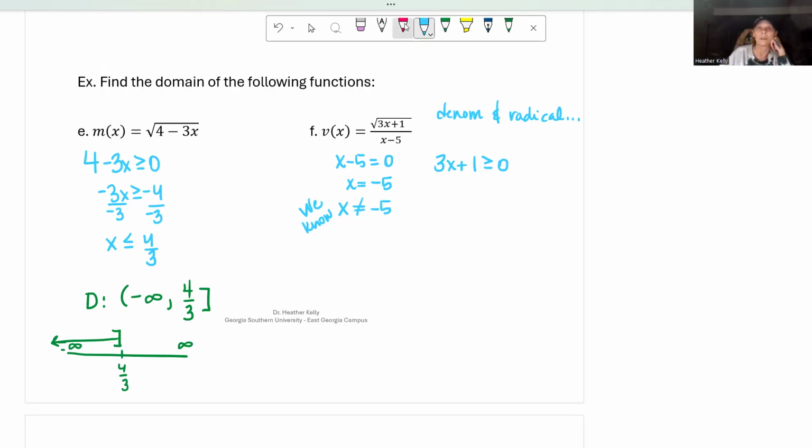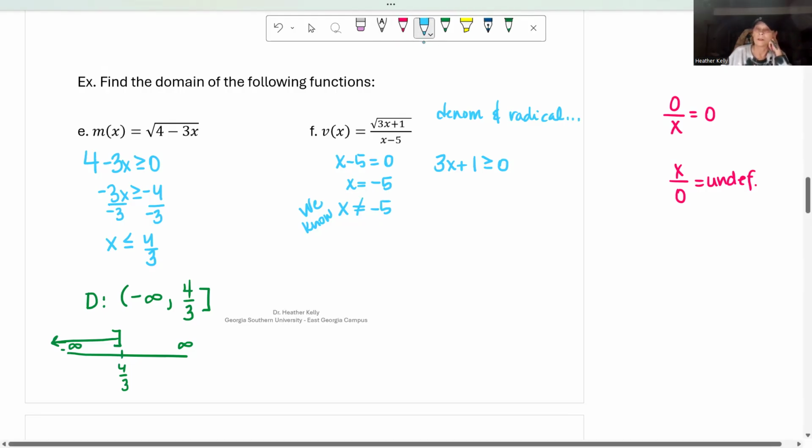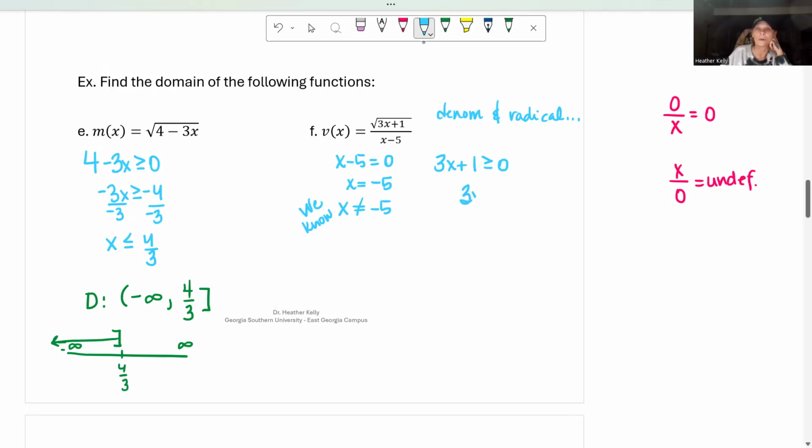Let me remind you again, if the 0 is over, it's 0, but if the 0 is under, it's undefined, right? So that's the bad. So let's go ahead and finish solving this. So if we subtract 1 from both sides, we have 3x greater than or equal to negative 1. X is greater than or equal to negative 1/3.